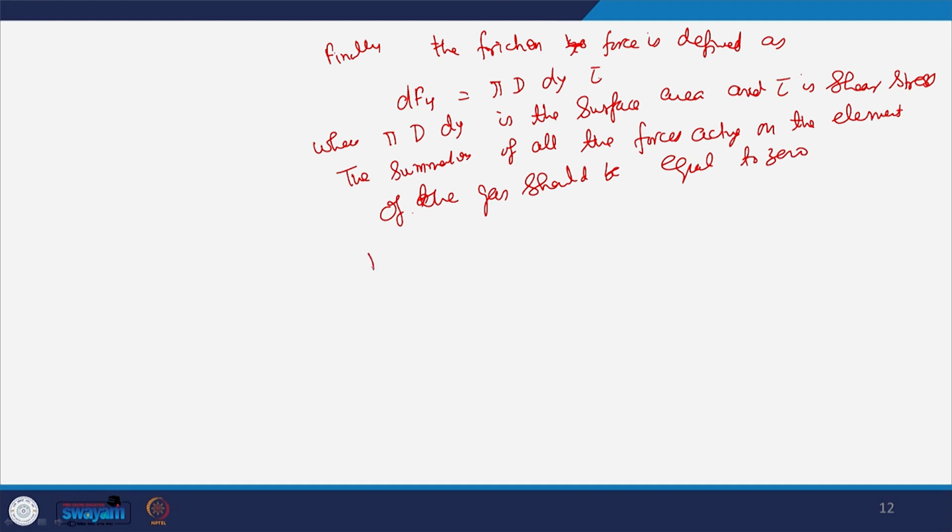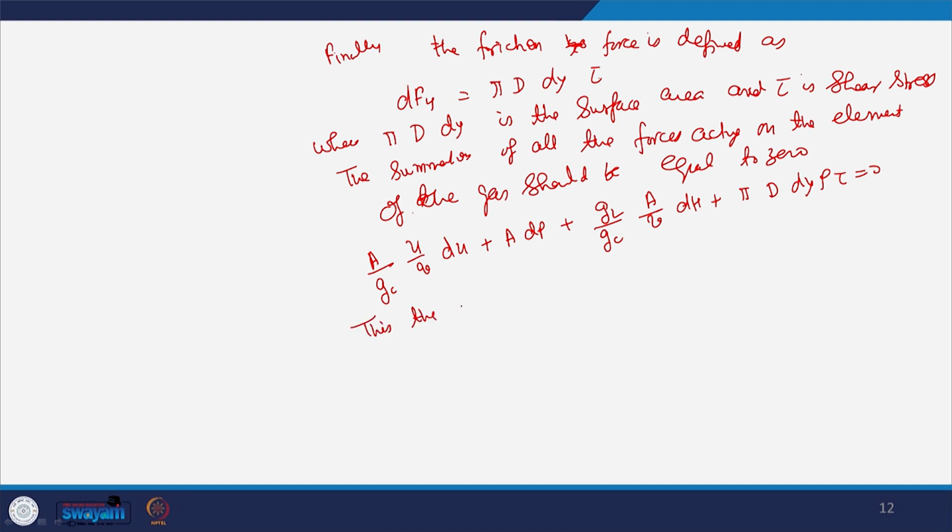So therefore, A upon Gc u upon V du plus A dP plus GL over GC A over V dH plus pi d dy tau should be equal to 0. Now this is the generalized form of Bernoulli's equation.